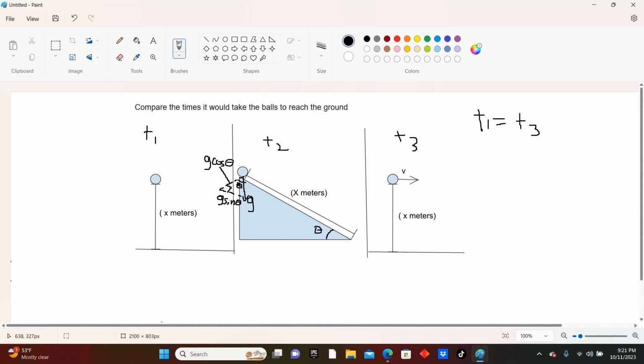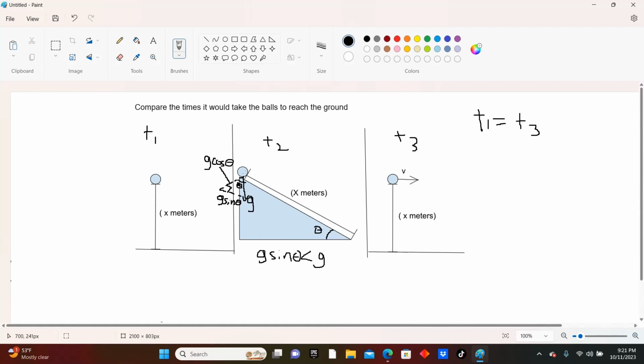But whenever you have a component, it's always going to be less than the actual hypotenuse. So g sine theta, and this also applies to cosine, but we need sine for this case. g sine theta is always going to be less than g. And g sine theta is also the acceleration along the ramp.